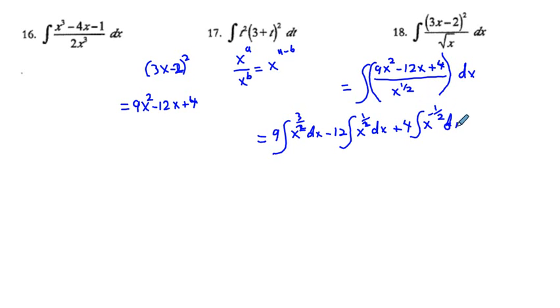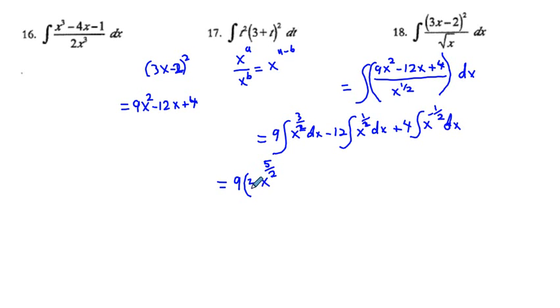So now we have this all in what we call calculus friendly form, if you believe there's such a thing. So we're going to have 9 times the integral of x to the 3/2 power, which is x to the 5/2, and we have to divide by 5/2, which is the same as multiplying by 2/5.